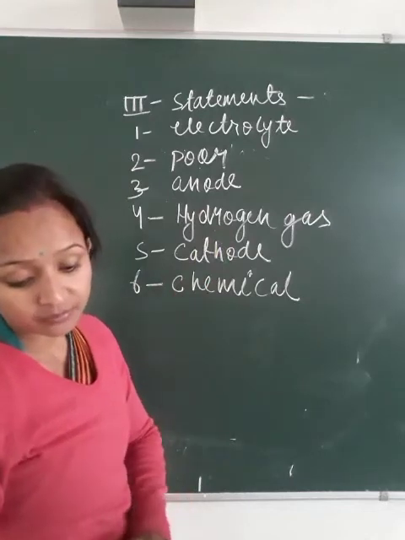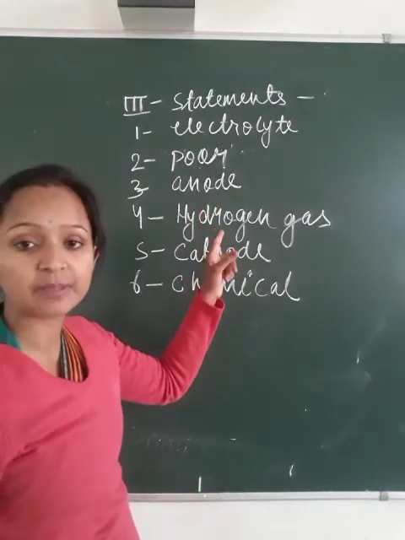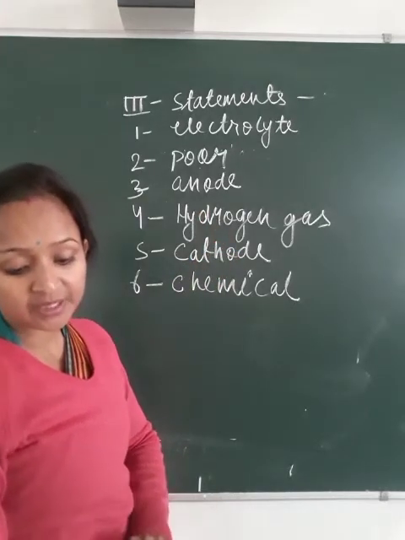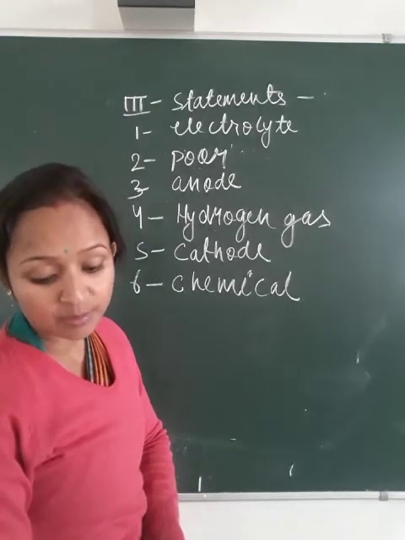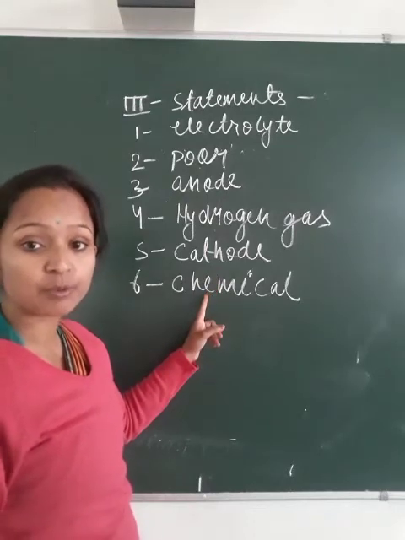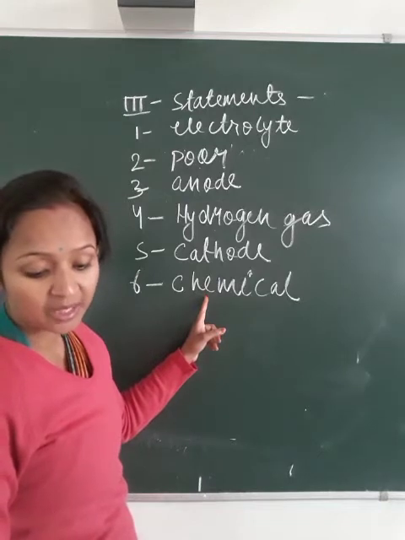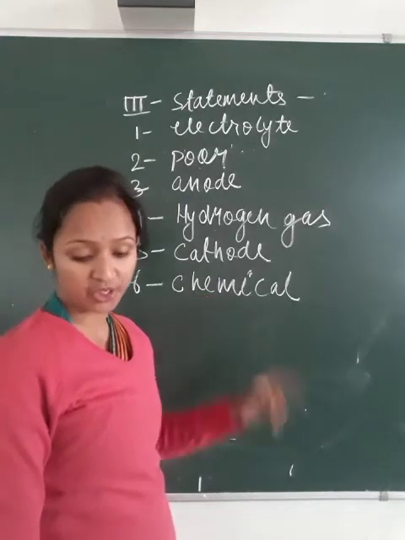When a burning splint is brought near hydrogen gas it burns with a pop sound. Fifth one, the electrode which is connected to the negative terminal of a cell battery is called the cathode. And in the process of electrolysis the electric current flows through an electrolyte followed by a chemical change.